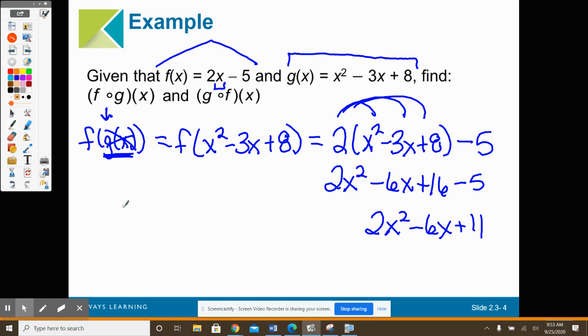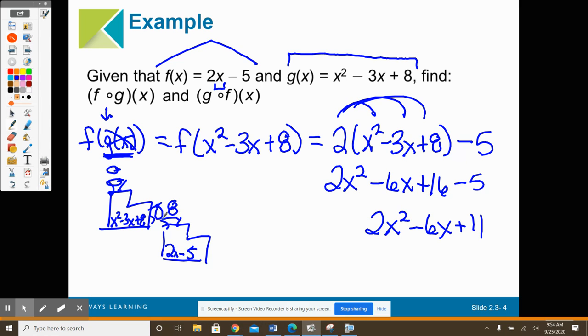So what this is telling me is if I had a function machine where g was first, which is x squared minus 3x plus 8, and then those answers dumped into 2x minus 5, I'll get the same thing as if I plug it in here. So let's practice. Let's say I plugged in a 0 into this machine because it's easy to plug in a 0. If I plug in a 0, 0 squared minus 0 plus 8, an 8 comes out.